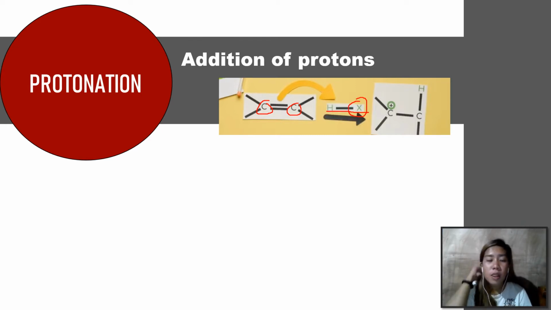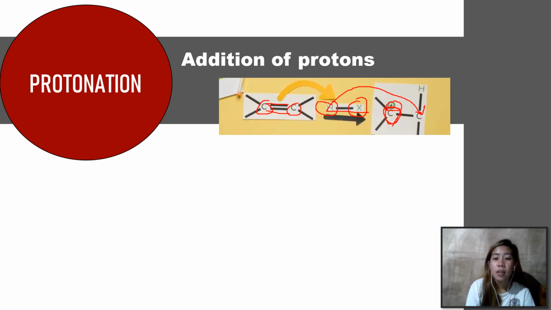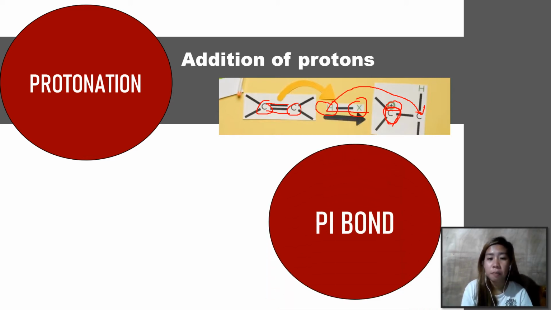When this reaction takes place, the hydrogen attaches itself to the carbon here, the double bond between these two carbons will be broken, which will result in the addition of a proton to this carbon here. So this carbon will be a positively charged carbon. This process is called protonation. I'm going to discuss more about this when we jump to the hydrohalogenation process itself.